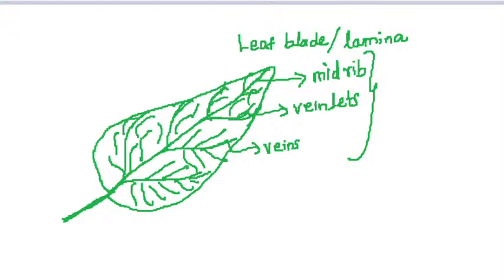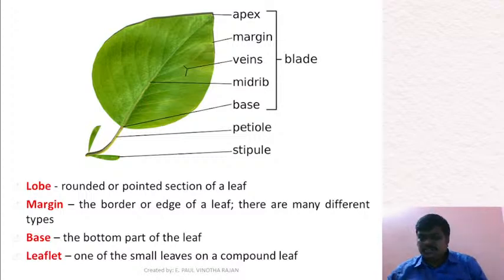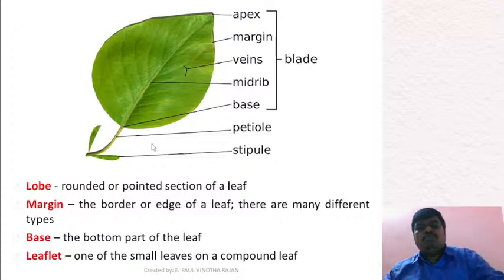Next, we are going to talk about the lobe of the leaf. If you see the diagram here, the round or pointed section of the leaf is called the lobe.